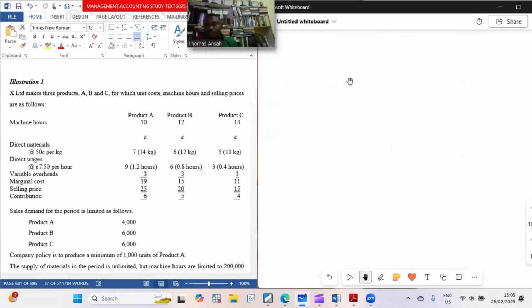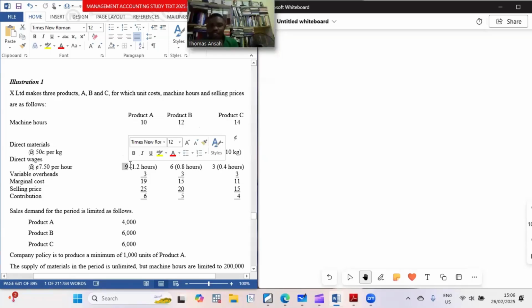All right, so here we have X Limited producing 3 products A, B, and C, for which the unit cost, machine hours and selling price are as follows. These are what you have. This is the machine hours, and this is the direct material. Everything has been given. Then you have your overheads. You see here to be 19, and I guess you know it is 7, 9.